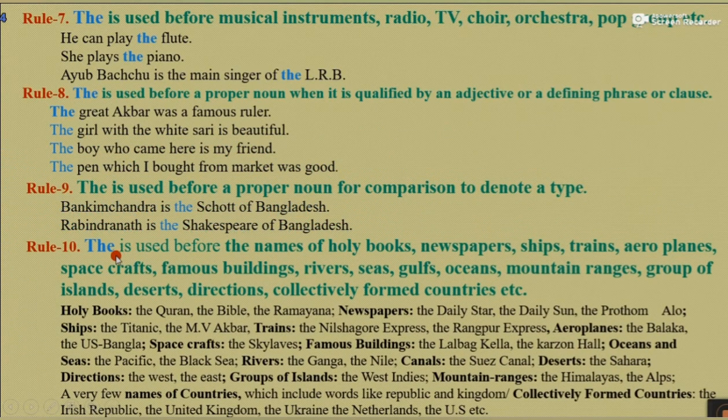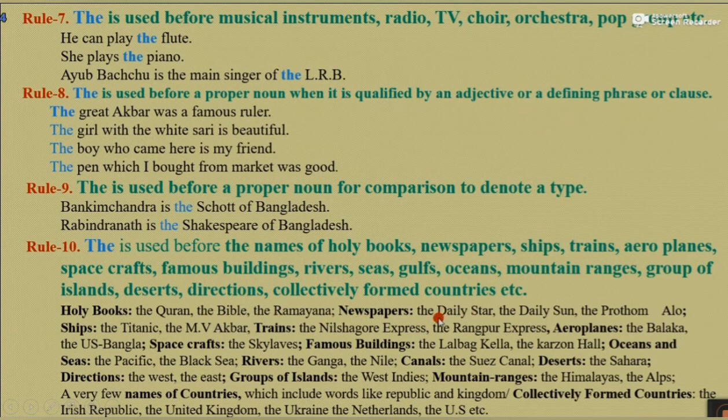Rule number 10. The is used before the names of holy books, newspapers, ships, trains, aeroplanes, spacecraft, famous buildings, rivers, seas, gulfs, oceans, mountain ranges, groups of islands, deserts, directions, collectively formed countries, etc. For example, the Holy Quran, the Bible, the Ramayana.